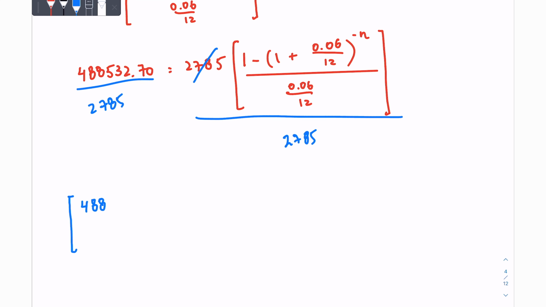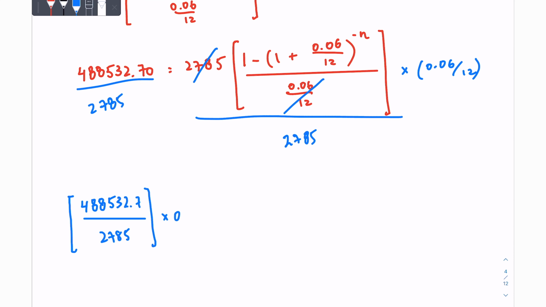So I have 488,532.70 divided by 2,785. And I'm going to multiply both sides by 0.06 divided by 12. That's trying to get rid of this denominator.